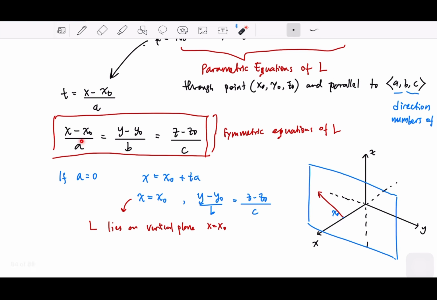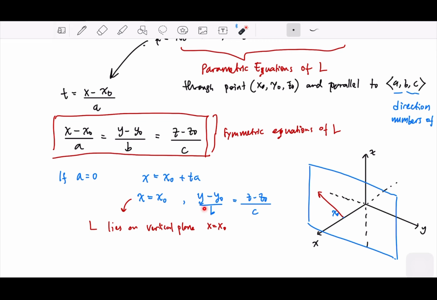Especially for the symmetric form, because A, B, C are in the denominator, what happens if A is equal to 0? If A equals 0, then going back to the definition, x is equal to x0.